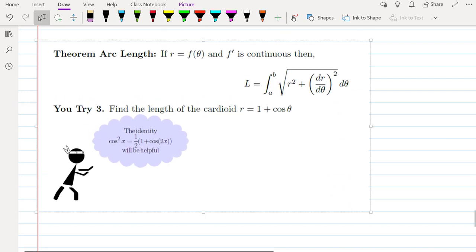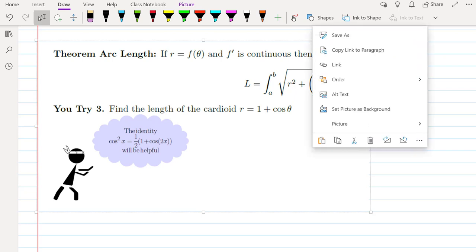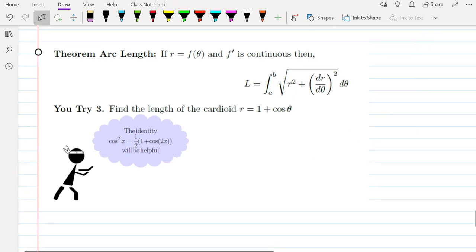It says, find the length of the cardioid given by this. We have our theorem for arc length: if r is equal to f of theta, and if f prime is continuous, then the length of that curve is the integral from a to b of the square root of r squared plus dr d theta squared d theta.